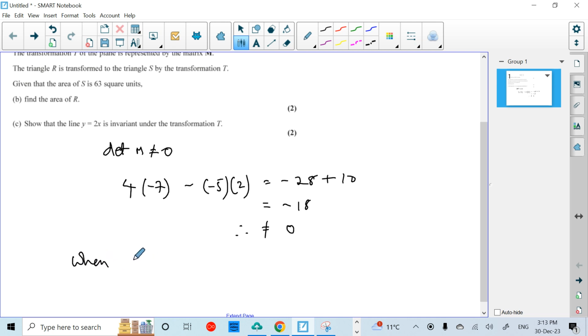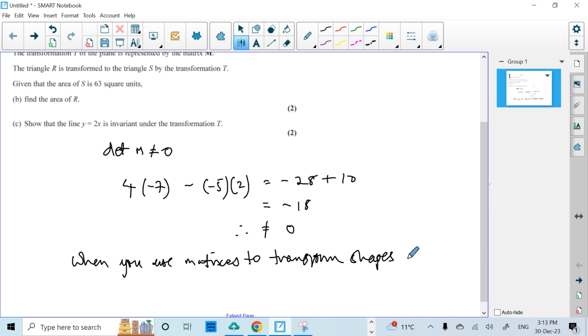When you use matrices to transform shapes, any shapes, in this particular case it's a triangle, the modulus of the determinant is the scale factor.